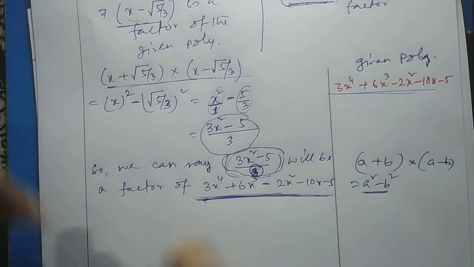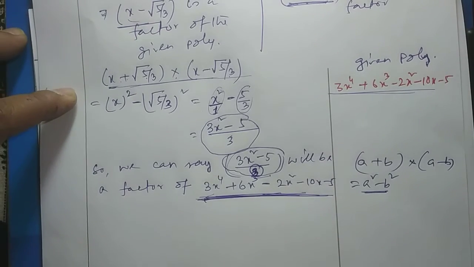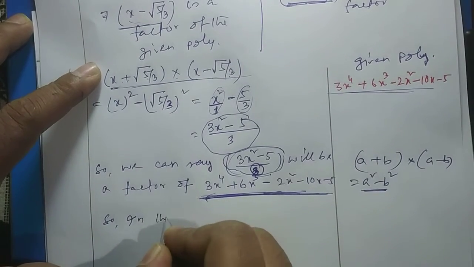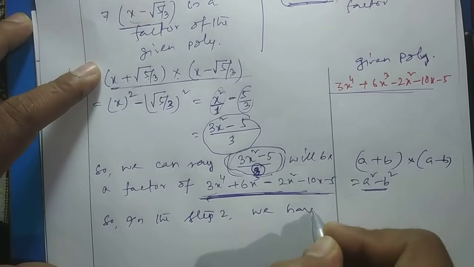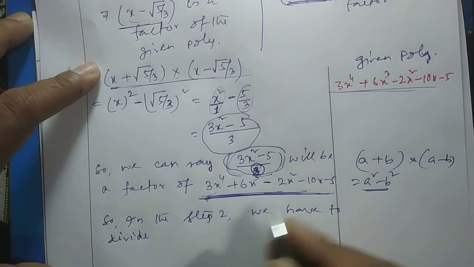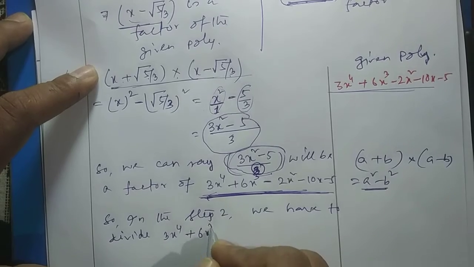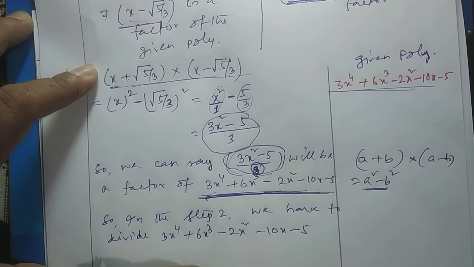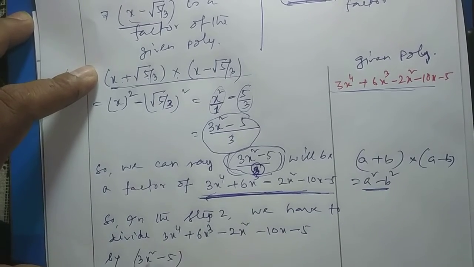So in step 2 we have to divide this big polynomial, 3x power 4 plus 6x cube minus 2x square minus 10x minus 5, by only 3x square minus 5.